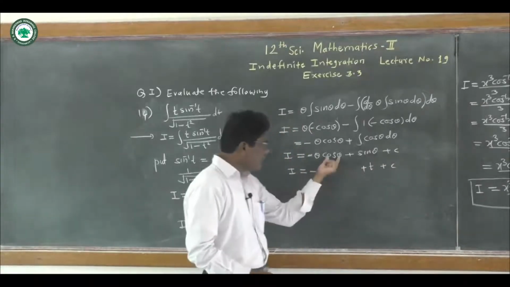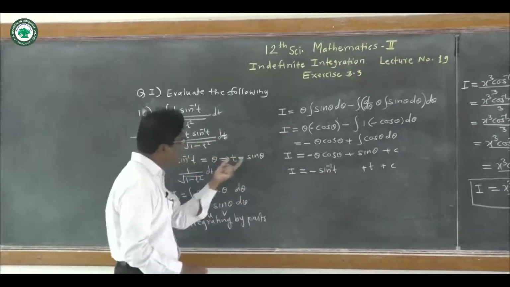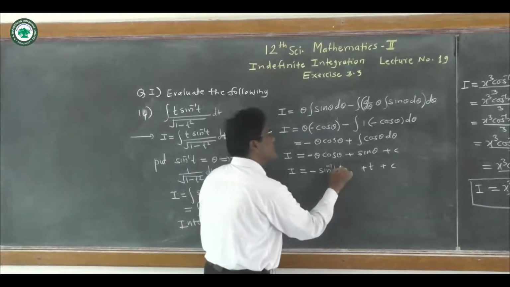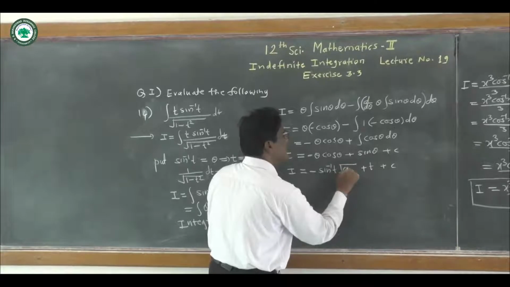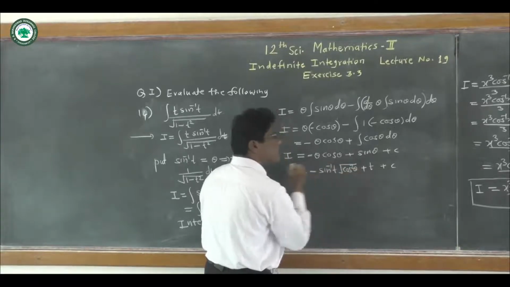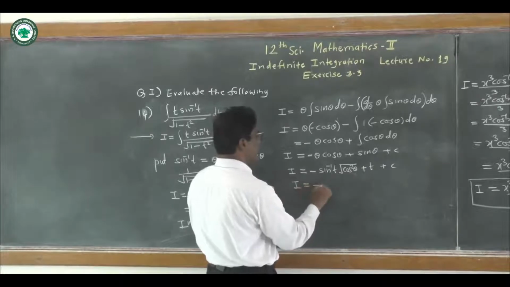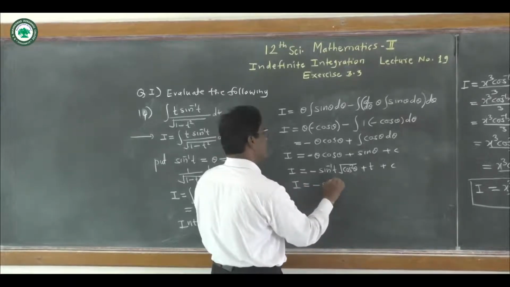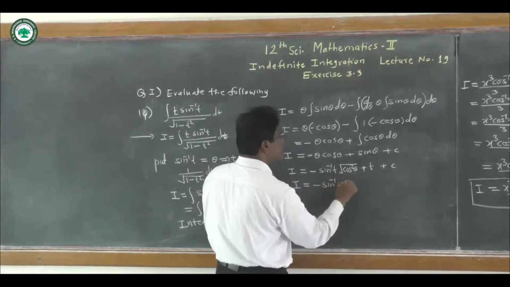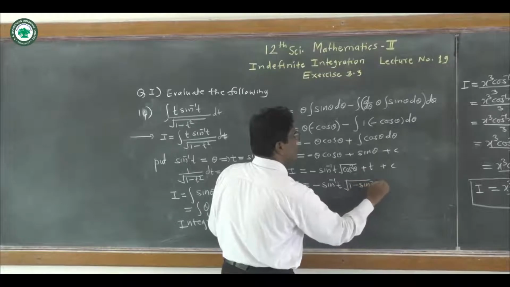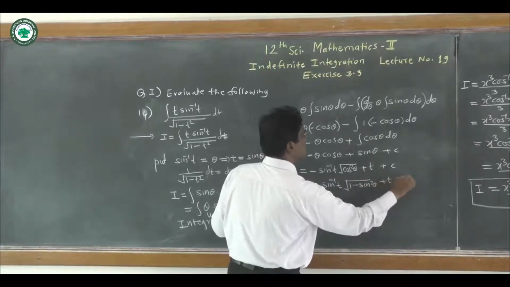Now we have to put the value of cos theta, but here cos theta is not present. So how to put here cos theta? We write this cos theta is under root of cos square theta. And so I is equal to minus sin inverse t as it is, and under root of cos square theta we write 1 minus sin square theta, and plus this t plus constant of integration.